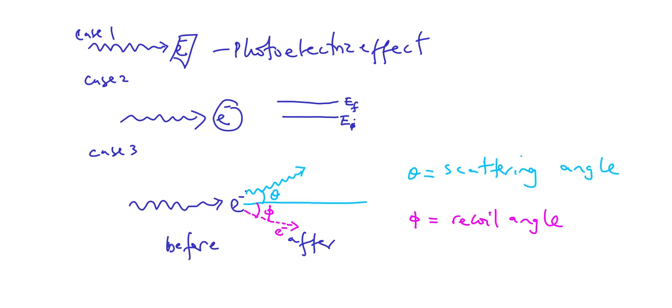The photon continues its journey after interacting with the electron, but there is a change in wavelength. If the original wavelength of the photon is lambda 1, the final is lambda 2. There is a difference between them.